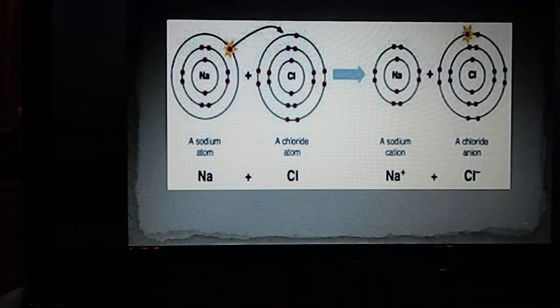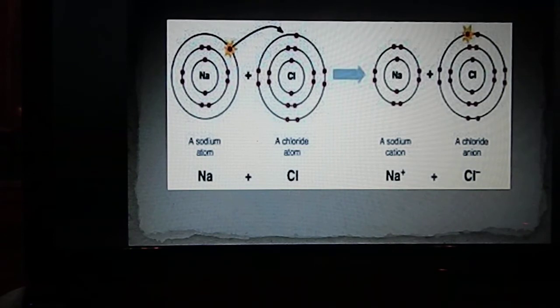So when sodium and chlorine come together, chlorine just rips that outer shell electron out of its orbit around sodium and puts it on its own outer shell. And this is the formation of an ionic bond, right?